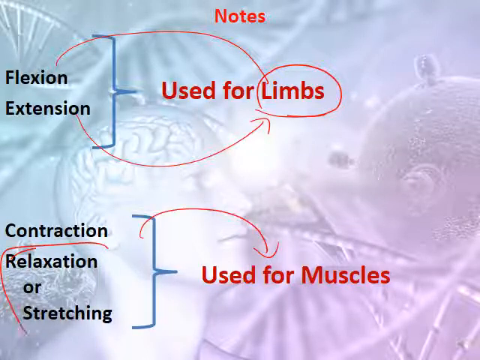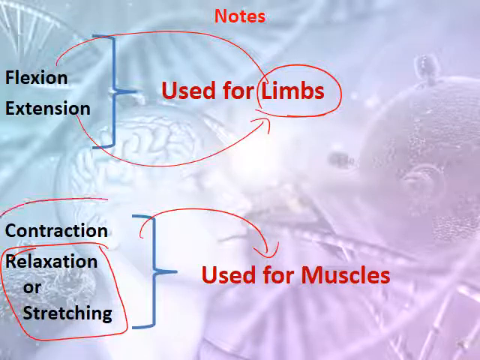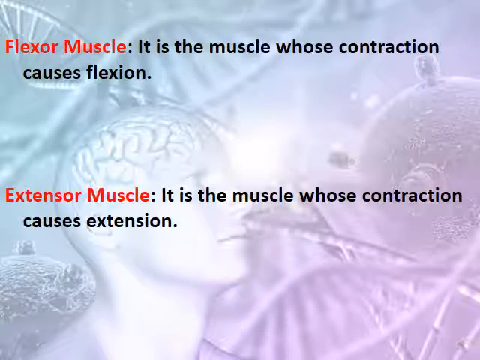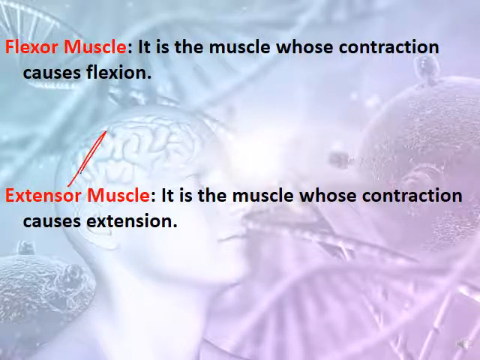The flexor is the muscle whose contraction causes flexion, while the extensor is the muscle whose contraction causes extension. As their names indicate, flexor, flexion, extensor, extension.